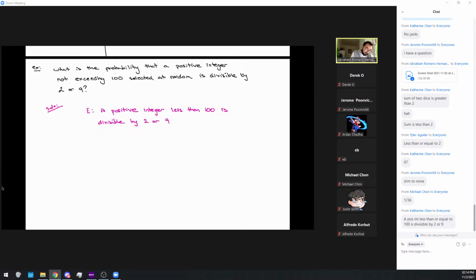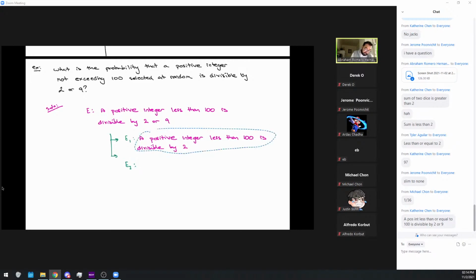Technically, and actually it is true, there's two events here, E sub 1 and E sub 2. Why are there two events? Because it could be this one first. E sub 1 could stand for a positive integer less than 100 divisible by 2.